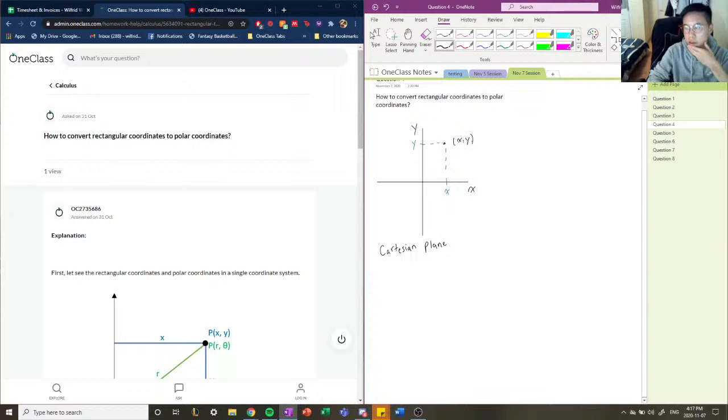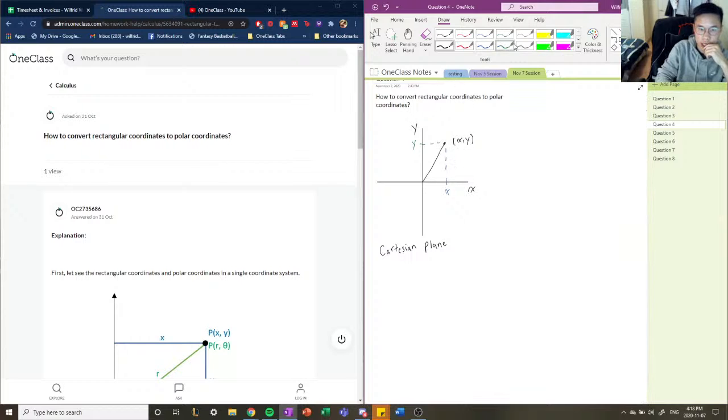But alternatively, we can think of this rectangular coordinate as a line from the origin to this point. Draw a line. Let me try again. All right, so we can alternatively think of this rectangular coordinate as a line from that point to the origin, right?